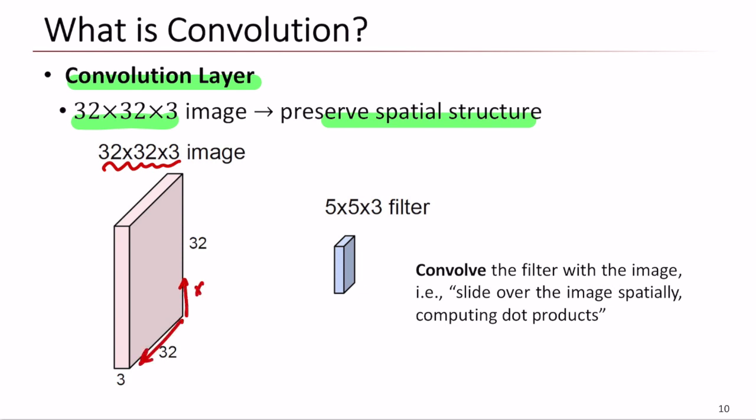X-axis, Y-axis, and Z-axis. Then, if you want to preserve the spatial structure, you can design your filter, or the learnable parameter, to have a size of, for example, 5 by 5 by 3, which preserves the axes X, Y, and Z. So then we can preserve the spatial structure.